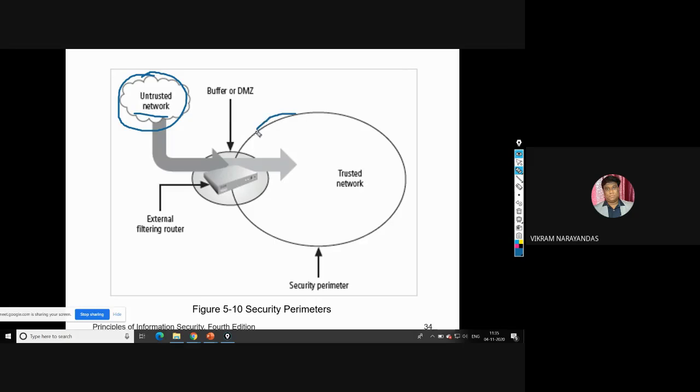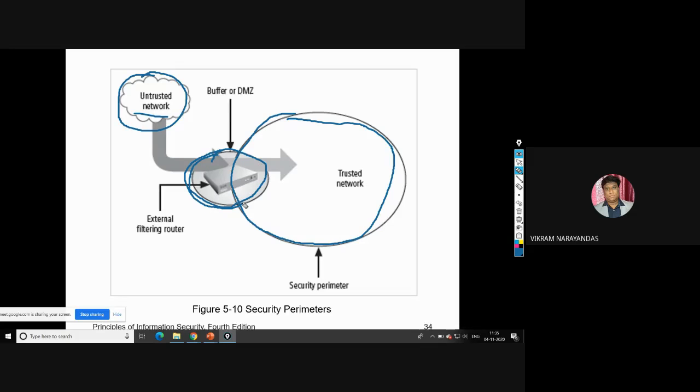A trusted network is nothing but your internal organization. So in between that, I want to maintain some buffer, or some firewall-like configurations or types of DMZs. A demilitarized zone, a buffer against outside attacks, is referred to as a DMZ.